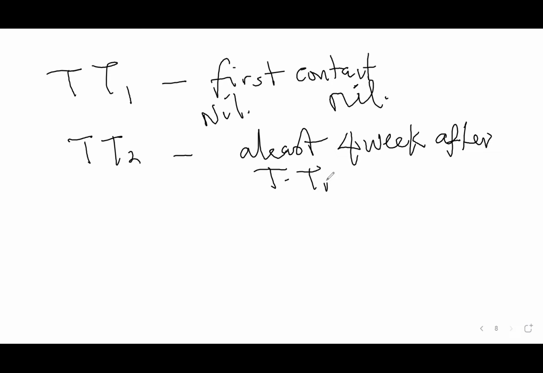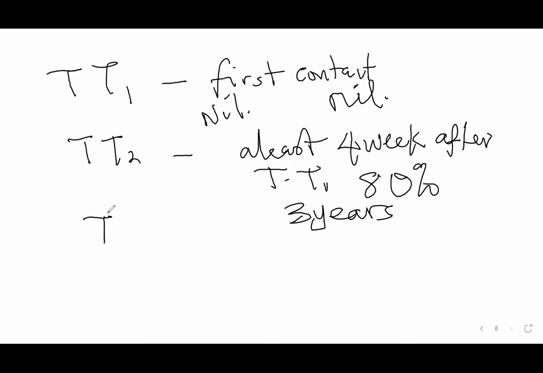And what is the percentage protection it provides? It provides 80% protection. And what is the duration of protection of the second tetanus toxoid? 3 years.